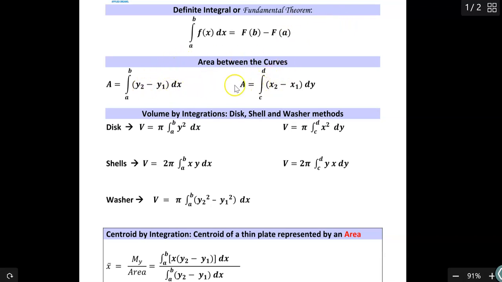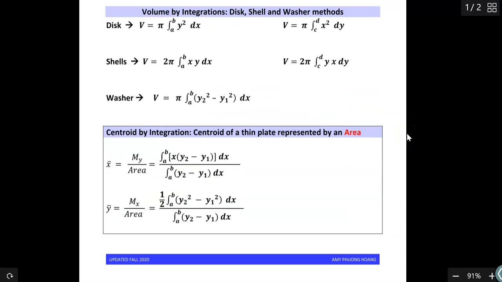We are concentrating on these formulas right here, and to find the centroid of an area, of a thin plate represented by an area, you can use these formulas.